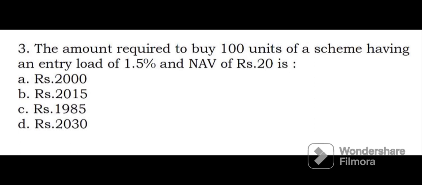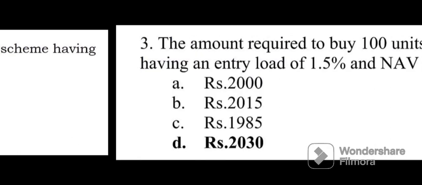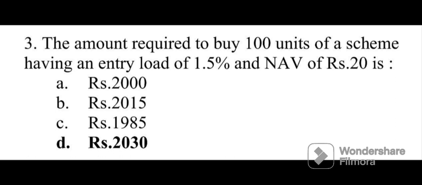The total amount required to buy is 2000 rupees plus 30, that is 2030. Option D. Let's look at the answer. Yes, it's 2030. If you don't understand this or have any confusion in this question, you can write in the comment box. We will provide a solution separately.